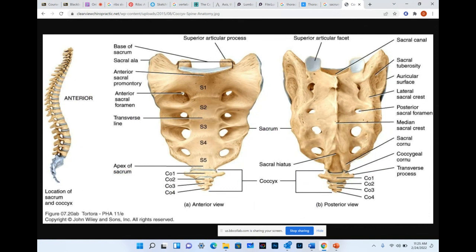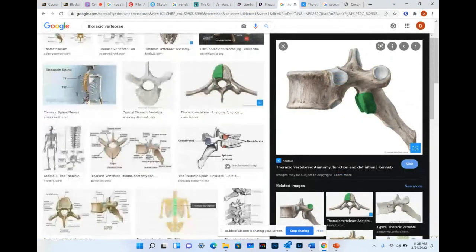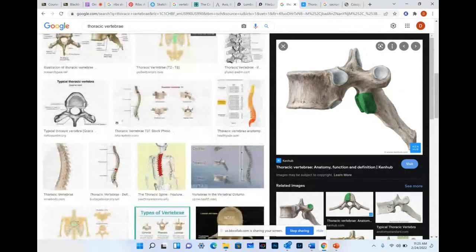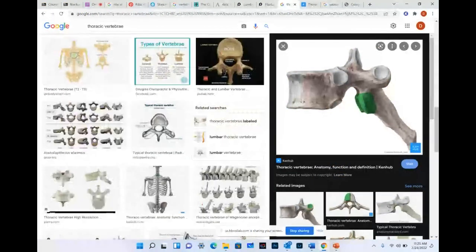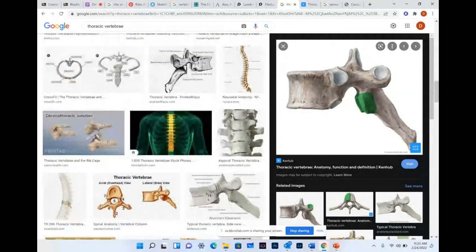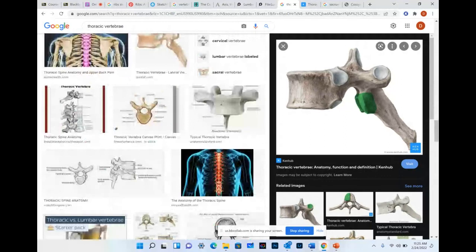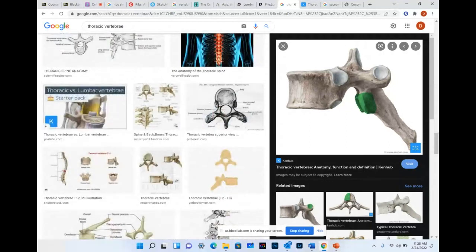Now, how do you identify one from the other? So let me show you that. When you look at the thoracic vertebra, it looks like a giraffe.